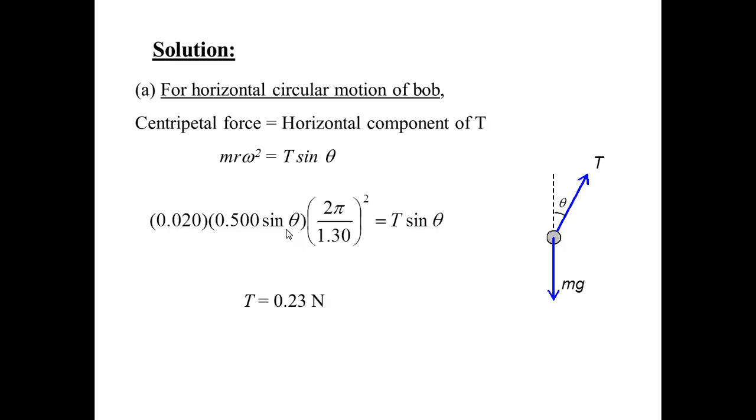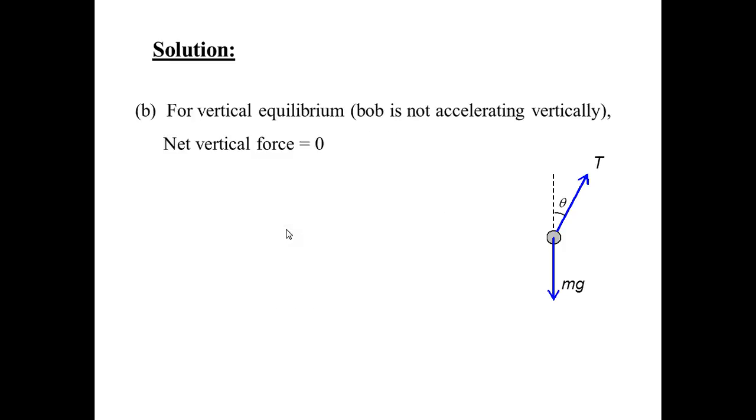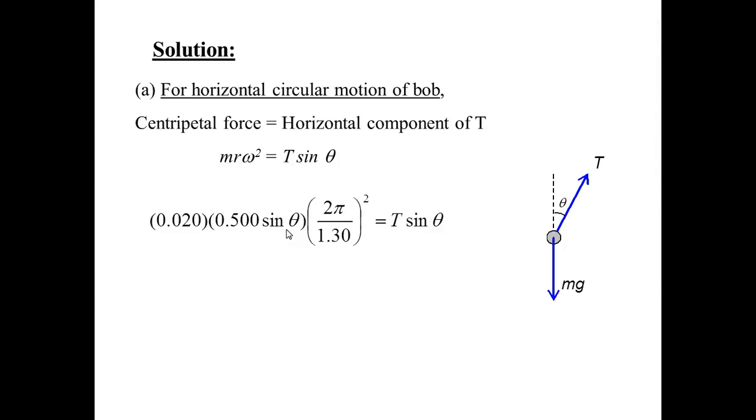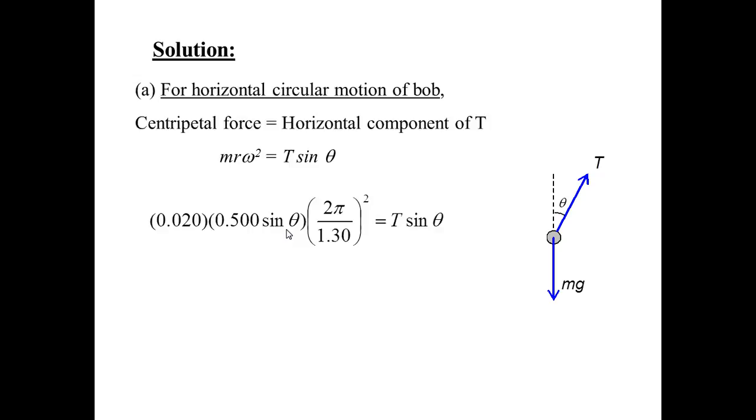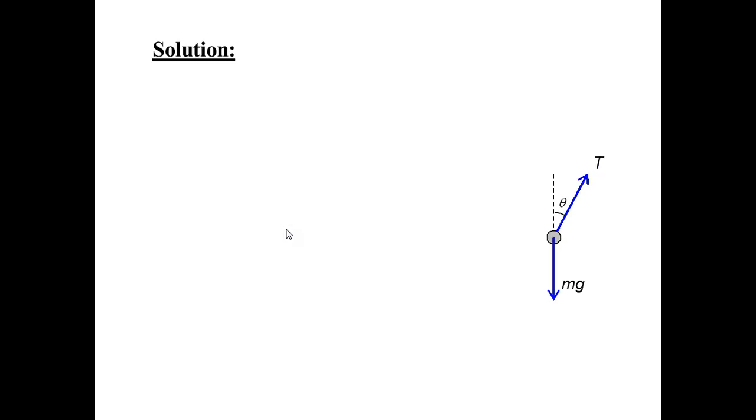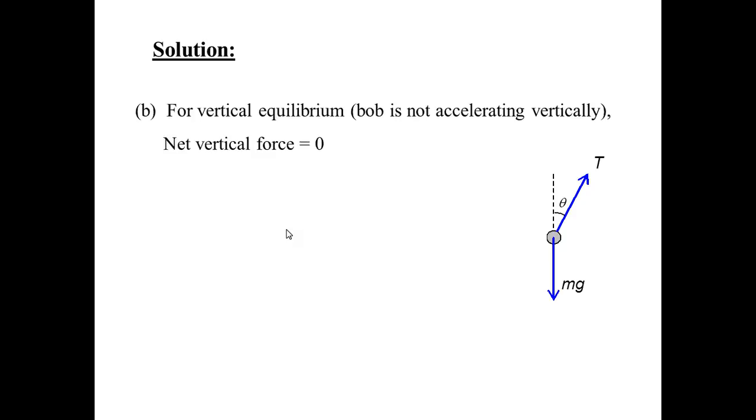Let's take a look at part B. You are asked to find the angle theta. To find the angle theta, there are only two equations that you can form. One is resolving forces horizontally, which you have done. The other is resolving forces vertically. Vertically, the system is in equilibrium because there is no motion in the vertical direction.